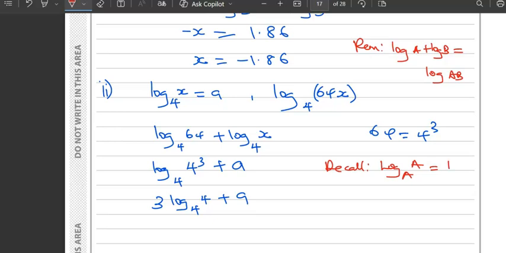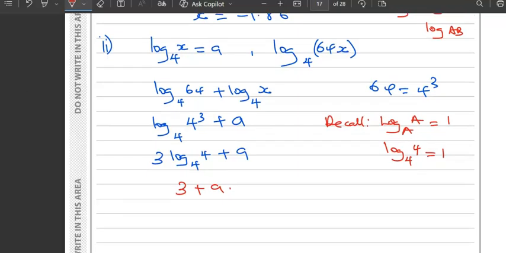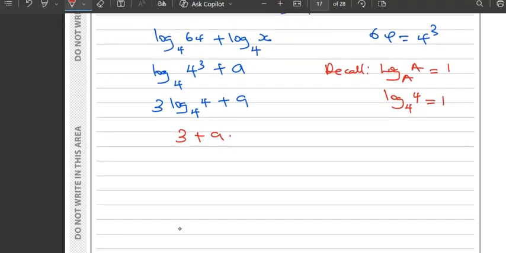So log of 4 to base 4 is simply 1. Therefore, what we'll have here is 3 plus a. So this is Roman 2, part A.